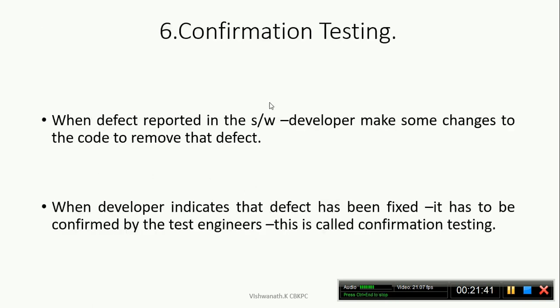The next topic is confirmation testing. What is confirmation testing? Confirmation testing means we confirm the testing. For example, you are a test engineer carrying out the testing process on some module.